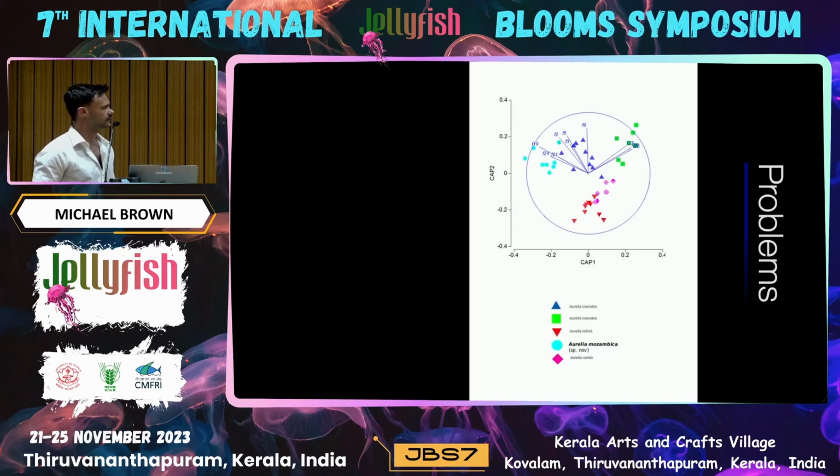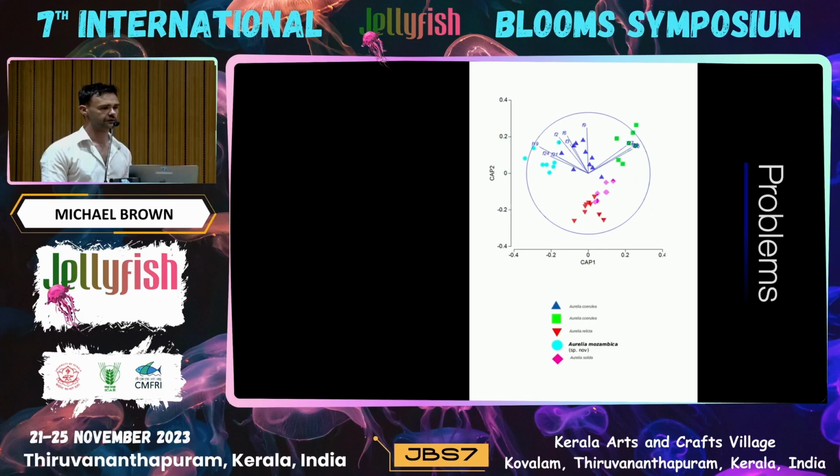On the converse, if you look at Aurelia, we can distinguish Aurelia morphologically a lot of the time, hopefully most of the time. If you want to see more of that, a great paper is Scarano's 2017 paper, where she describes Relicta. She has some very clear photos and descriptions of the differences between these. But what's very interesting is if you look at the top right-hand side of the CAP analyses, those blue triangles and the green squares are the same species.